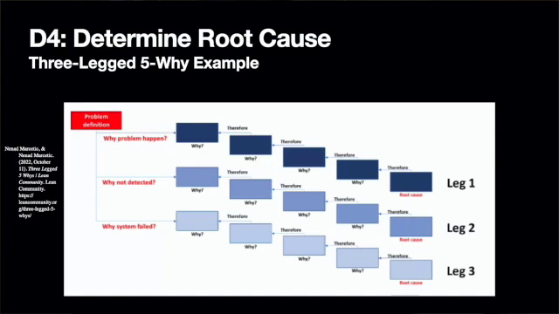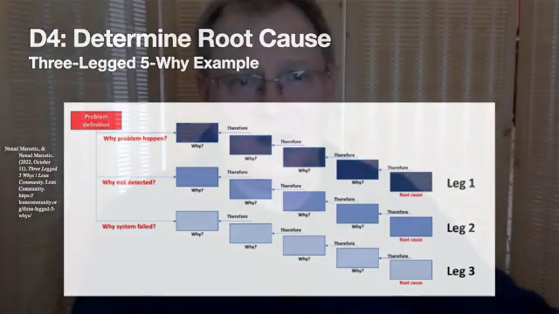That is, you want a 5Y for the direct cause, for why it wasn't detected, and for what is the systemic weakness that allowed the problem to happen. You can either use the 5Ys or the fault tree depending on the complexity of the problem.